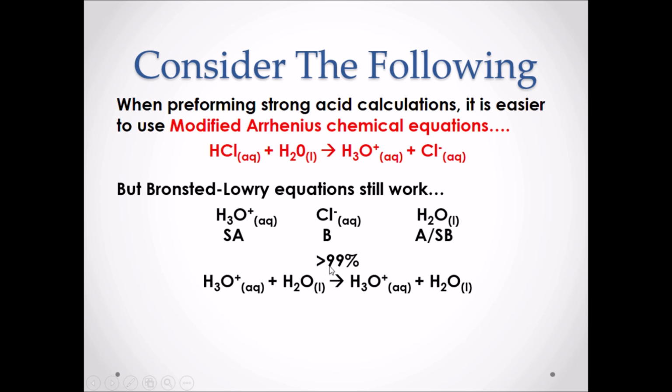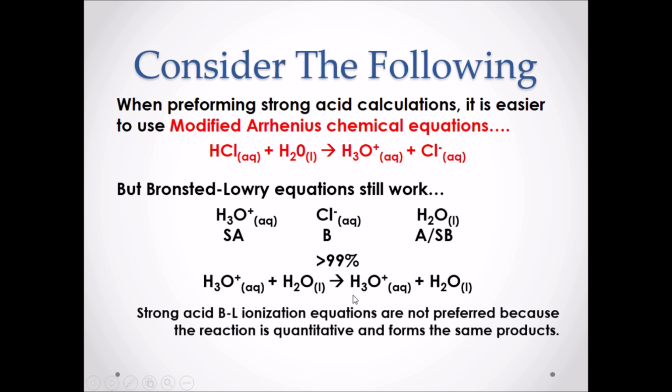This proceeds as a quantitative reaction, meaning the products will be greater than 99%. This reaction doesn't make sense and is not preferred because the reactants are the same as the products. So when performing strong acid calculations, it is best to use the modified Arrhenius theory.